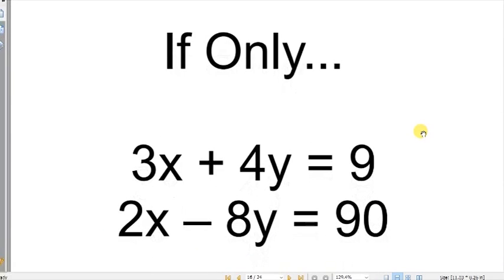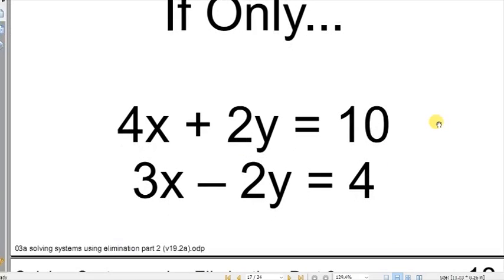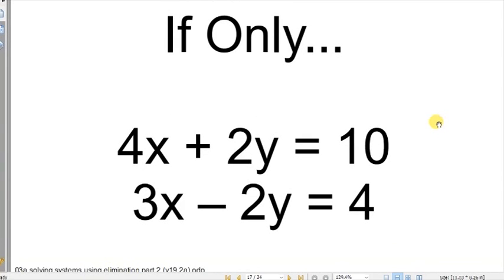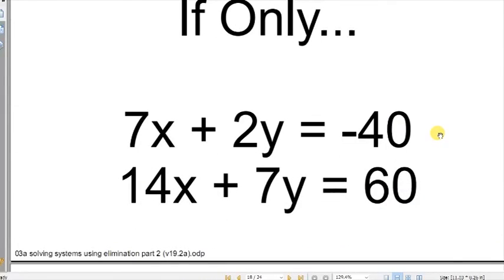All right. What would you do here? I think most people will say top by 2, and then the y's will cancel. What would you do here? I would do nothing. The y's are ready to cancel just as is. What would you do here?